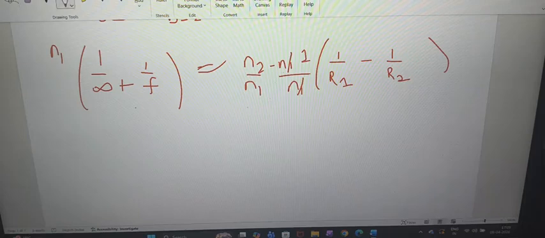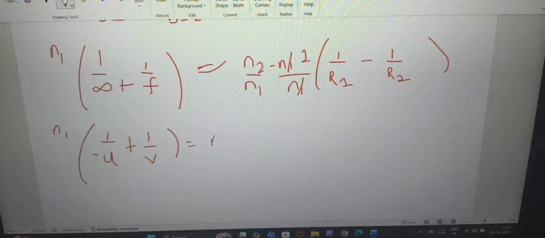Mirror formula, lens formula, this is lens formula. So to derive that, instead of infinity, take u only. That is nothing but object distance. I said object is kept at infinity. So again, towards the left object will be, that's why negative u. Then if object is at infinity, where will it form? At focus it should form. Then what will that be? Image distance. So plus 1 upon v.